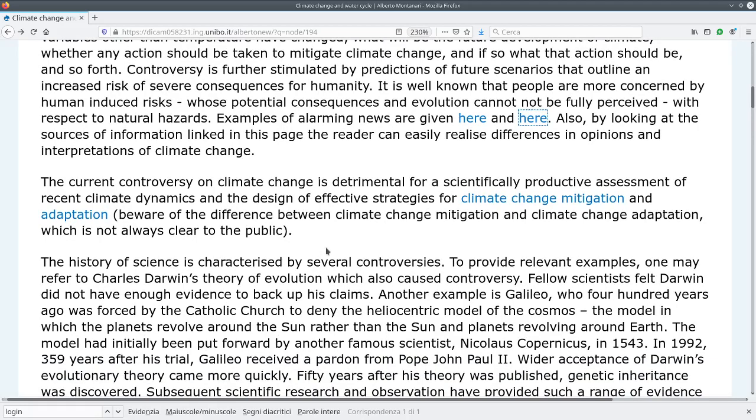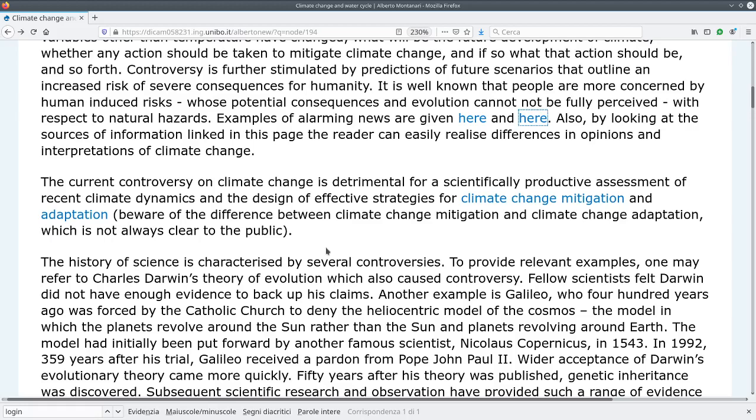This is also debated because there are some scientists who think that the engineer doesn't have any role in that, because engineering comes into play when you want to adapt to climate change, and adaptation is refused by some people, because adaptation means, okay, I got it, and then I have to deal with it. These people who are against adaptation are for mitigation. They say we shouldn't adapt, we should mitigate, which is completely different.